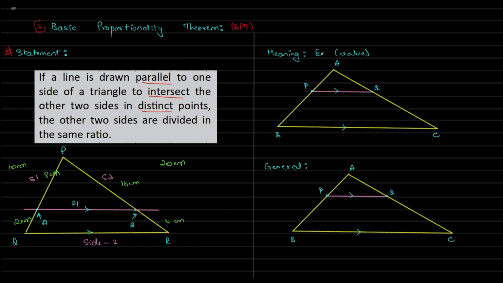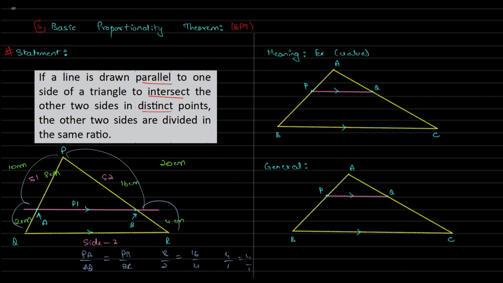How did I tell that? Simple. What the theorem tells is that PA by AQ should be equal to PB by BR. The ratio of the sections has to be equal. As per this diagram, 8 by 2 is equal to 16 by 4, is what I'm claiming. 8 by 2 is 4 by 1, and 16 by 4 is also 4 by 1. Yes, so what we have done is correct. This is what the theorem talks about.